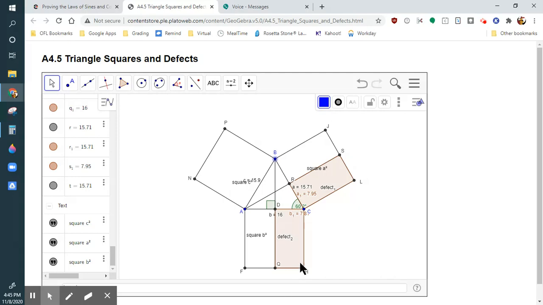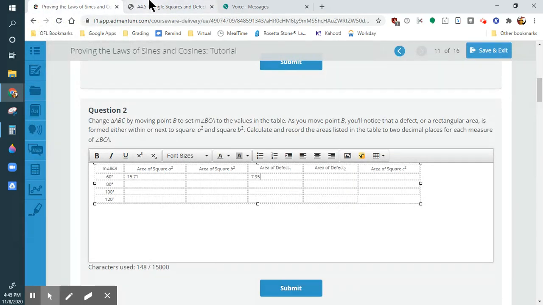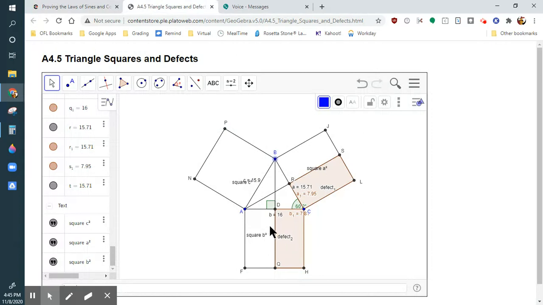I was wondering how they were going to teach this, but I didn't think they would teach it this weird. Okay, so B1. Do they have a B1? They don't even have the B1, do they? Let me see here. Well, they have the area defect 2.